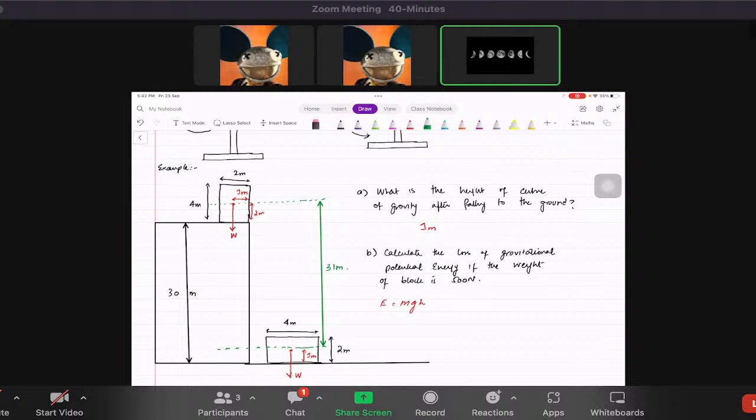Yeah. Now, mg is already the weight in the formula, so that's 500. And the height is 31. Now you just need to bring out a calculator.